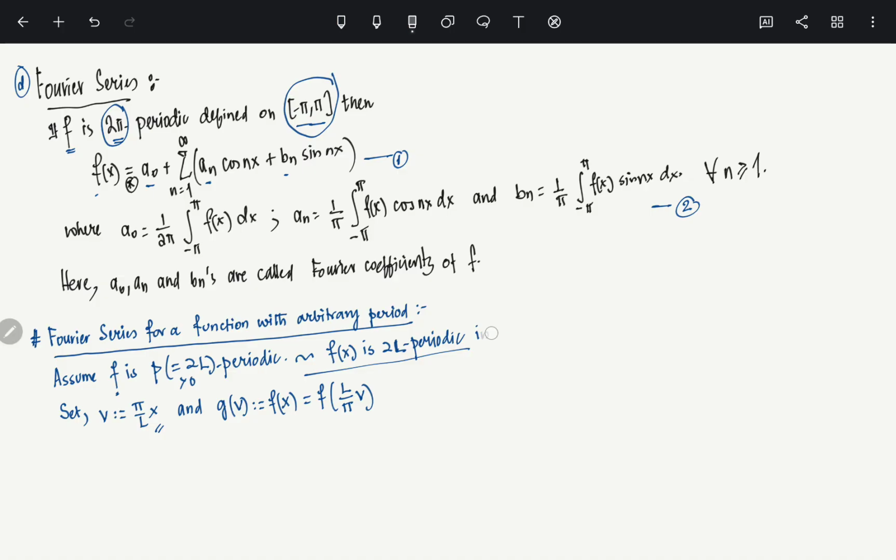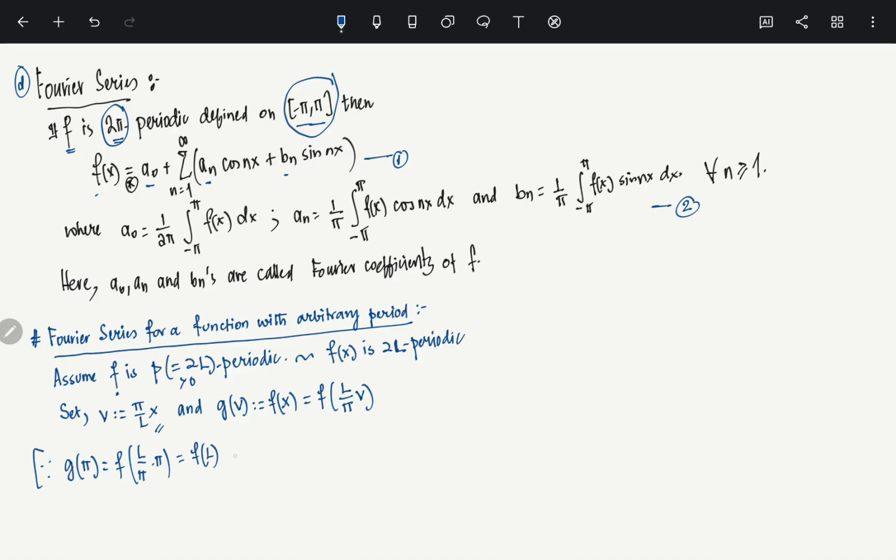That's not a problem, so we can assume that. See here, if we do that, since f is 2l periodic, g will be 2 pi periodic, because g of pi is f of l by pi times pi, which is f of l.